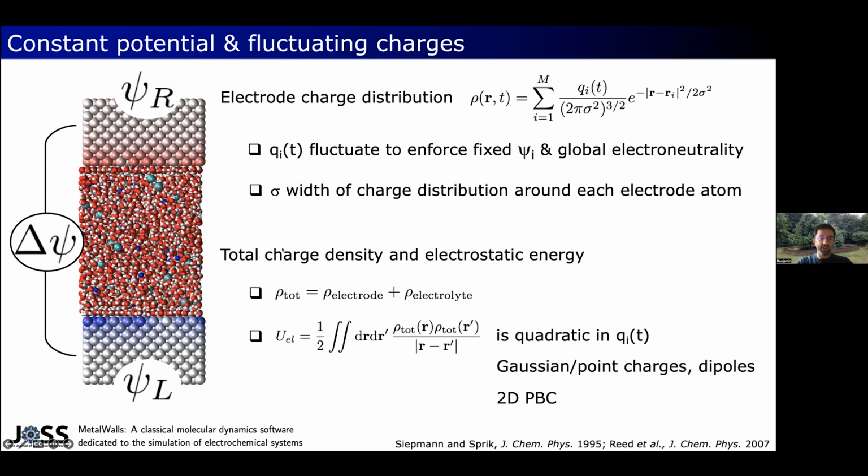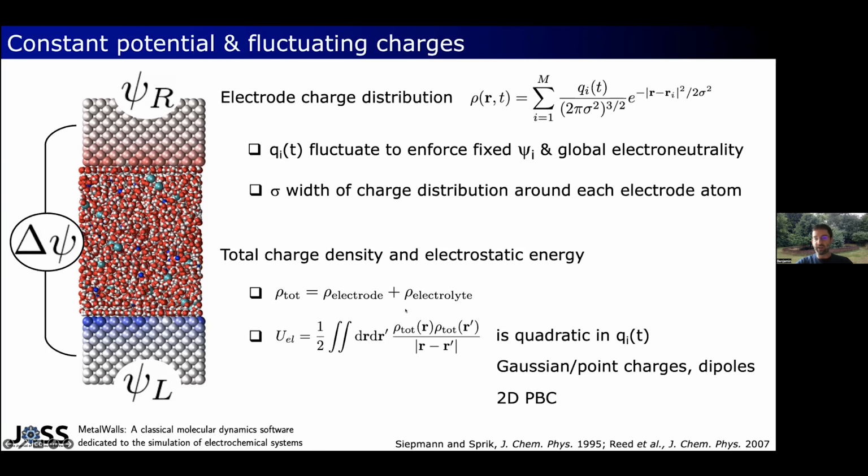The total charge density is the sum of the electrode charge distribution and that of the electrolyte, which usually contains point charges, but it can also contain dipoles. And then the electrostatic energy is written like this. You can notice from this expression that it is quadratic in the partial charges, which will play an important role.